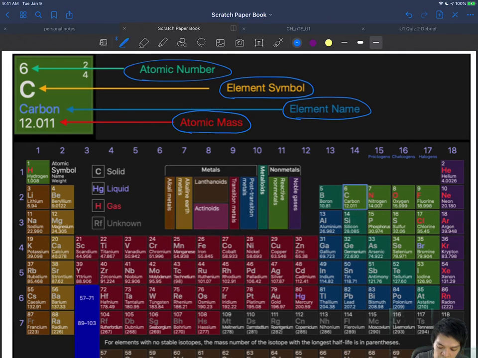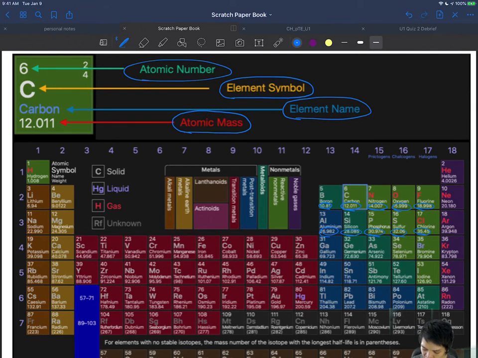And you're going to notice, if you look at the periodic table, a lot of the atomic masses are decimal numbers. It's because we're getting a weighted average, so it's going to be in between two whole numbers, so it's going to be a decimal number, right?